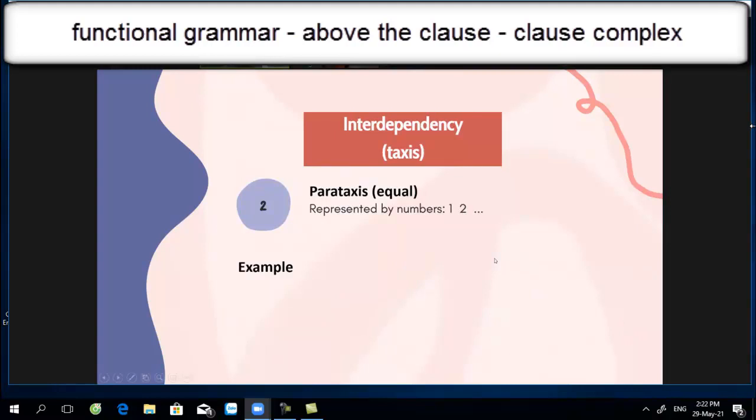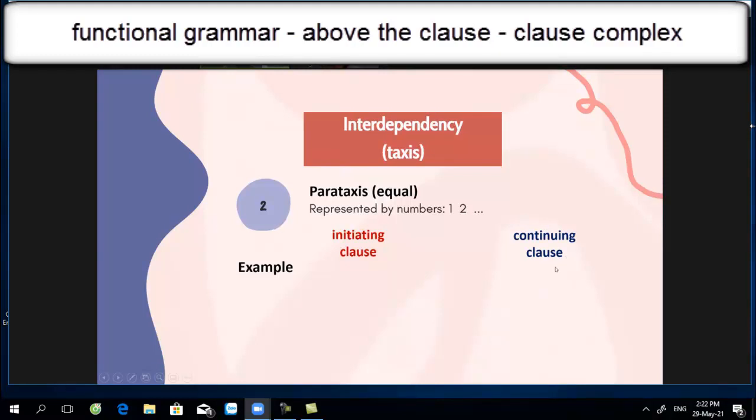The next type of interdependency, parataxis, refers to the linking of elements of equal status. We have initiating clause and continuing clause. Initiating clause is the primary clause.